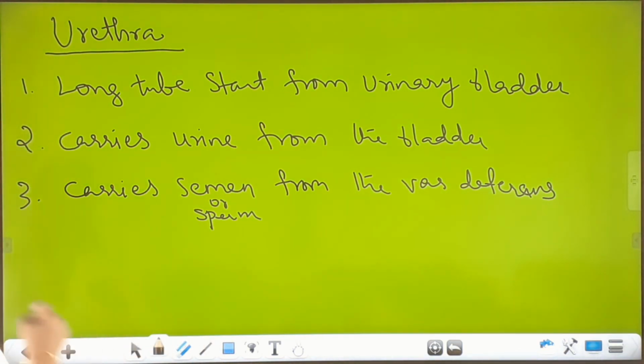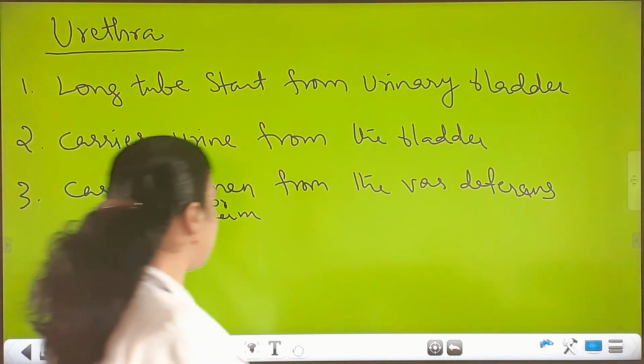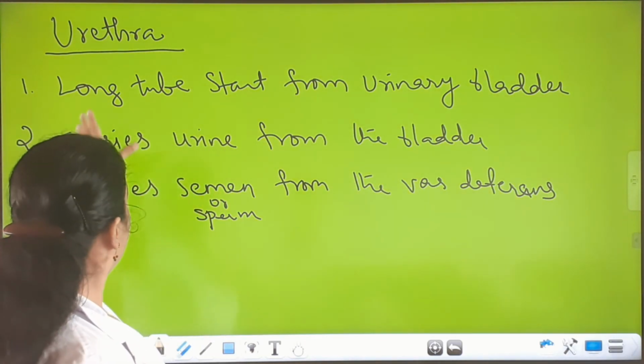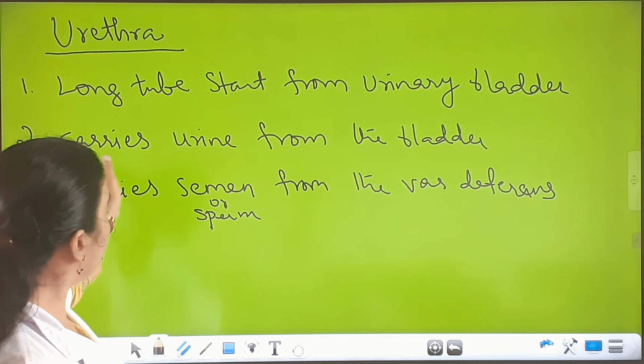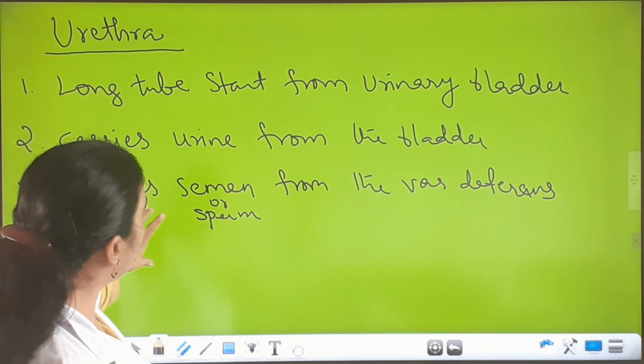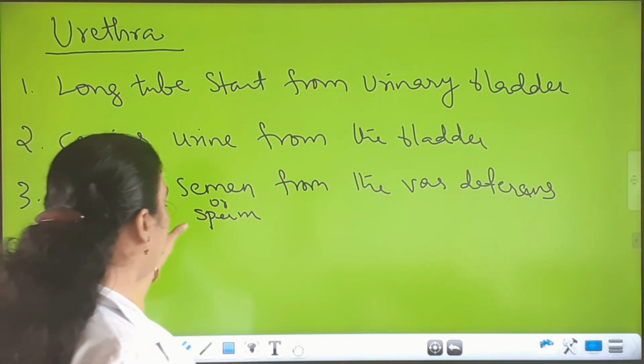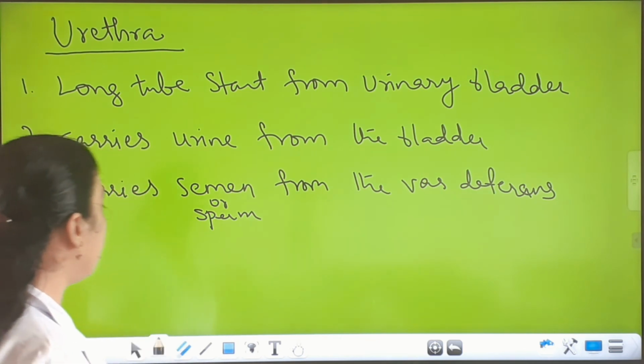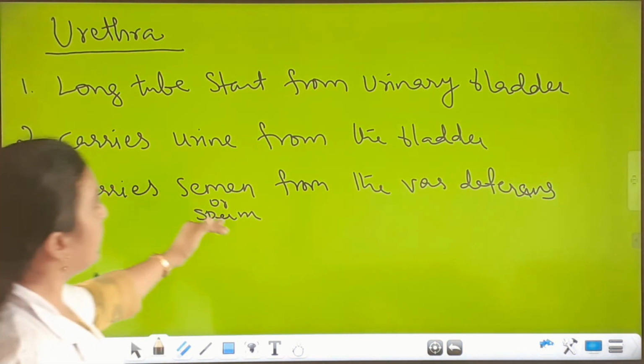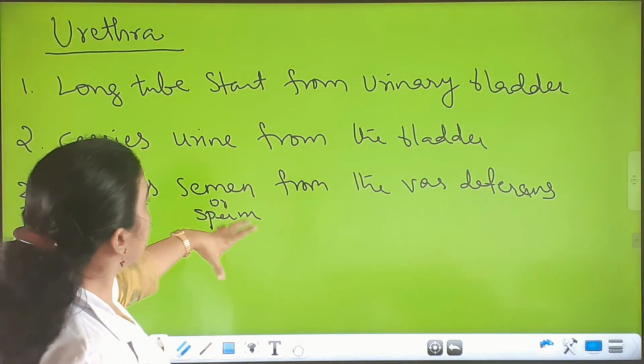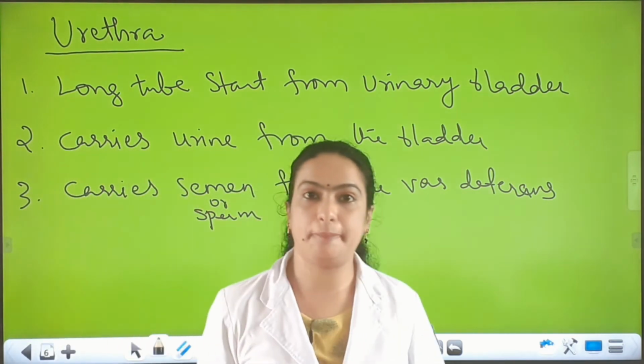So we can say that the urethra is a long tube that can carry both urine and sperm or semen from the urinary bladder and the vas deferens respectively.